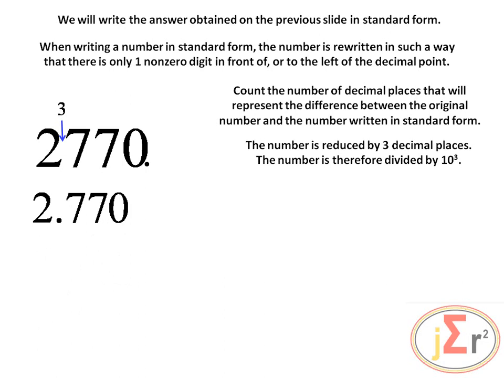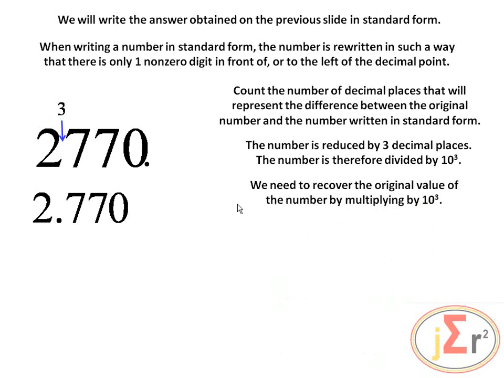Surely what we have here as 2.770 is less than what we have here, for sure. That means this represents a reduction or a decrease by 3 places of decimal, which would have been the case if we divided this number by 1,000 or 10 to the power of 3.